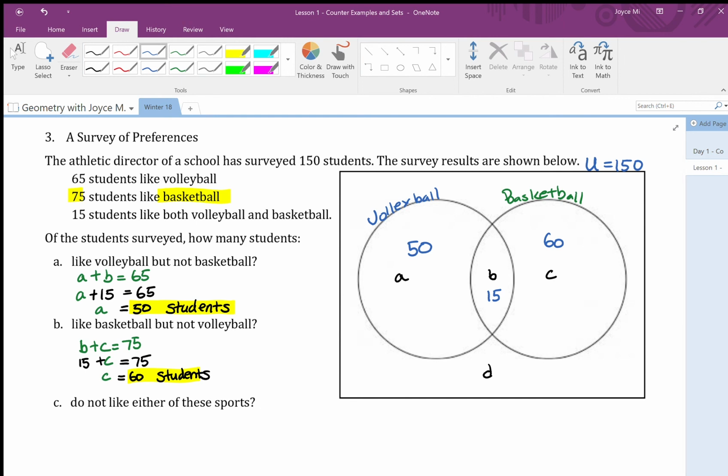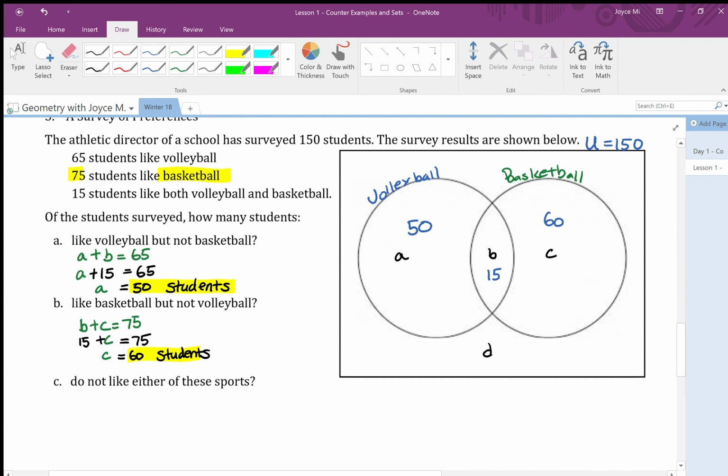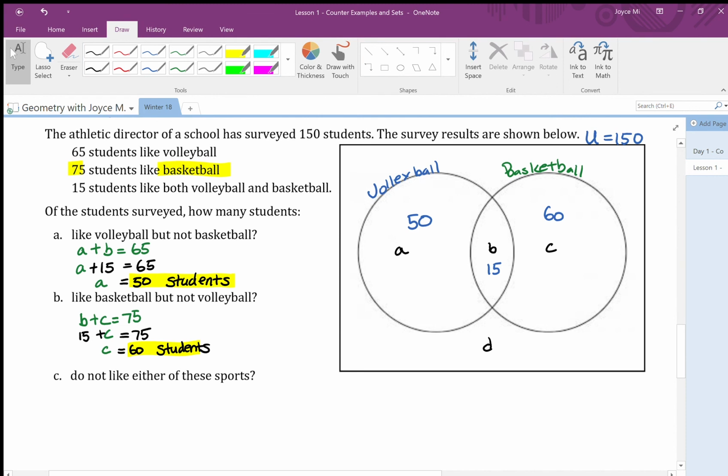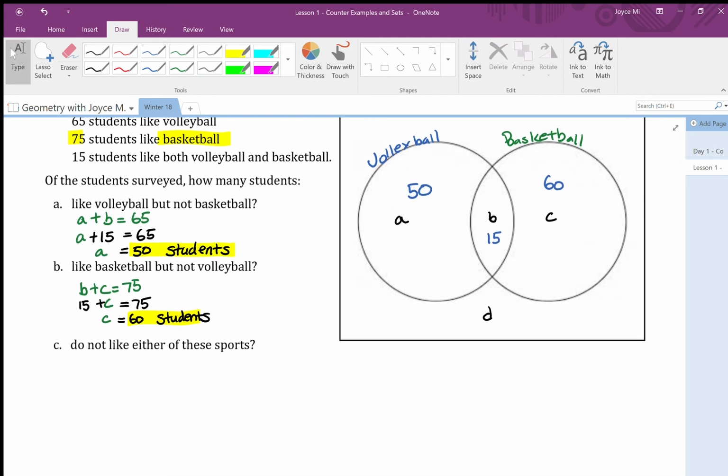Now let's look at D. Again, D represents students who like neither of those sports, so maybe students who don't like sports. We know the total number of students who participated in the survey is 150. That means if I add all the regions up, A, B, C, D, I should get 150.